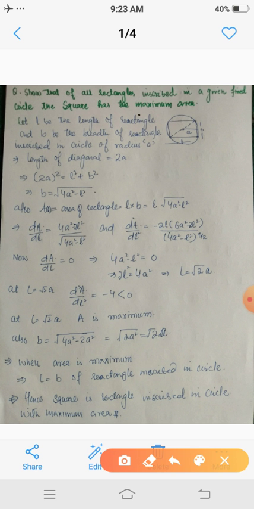Now let L be the length and B be the breadth of this rectangle inscribed in a circle of radius a.